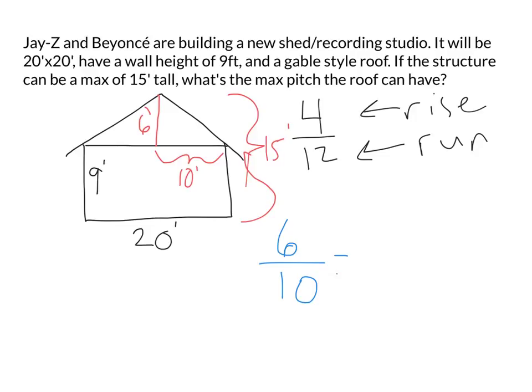And we want to figure out something over 12, right? Because it's saying what's the max pitch, so it's something over 12. That's construction style terms, right? Okay. Well, I don't know what it's going to be. Holy cow. We just tied in proportions. How cool is that?